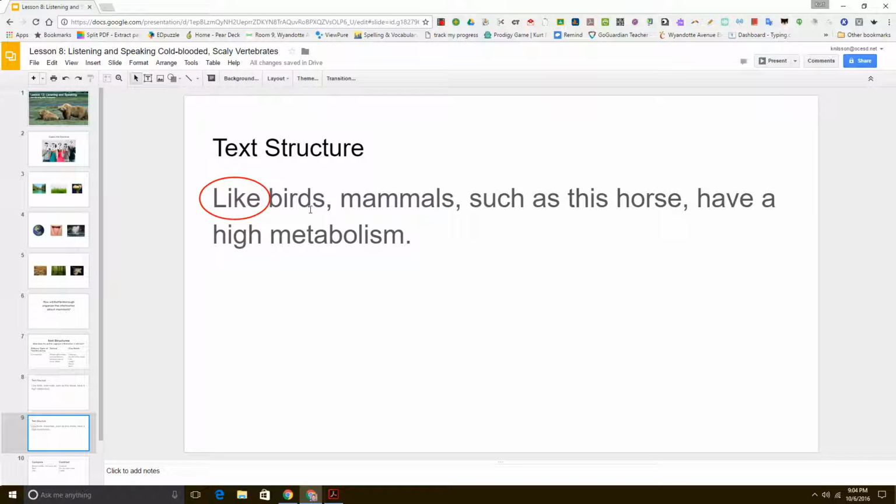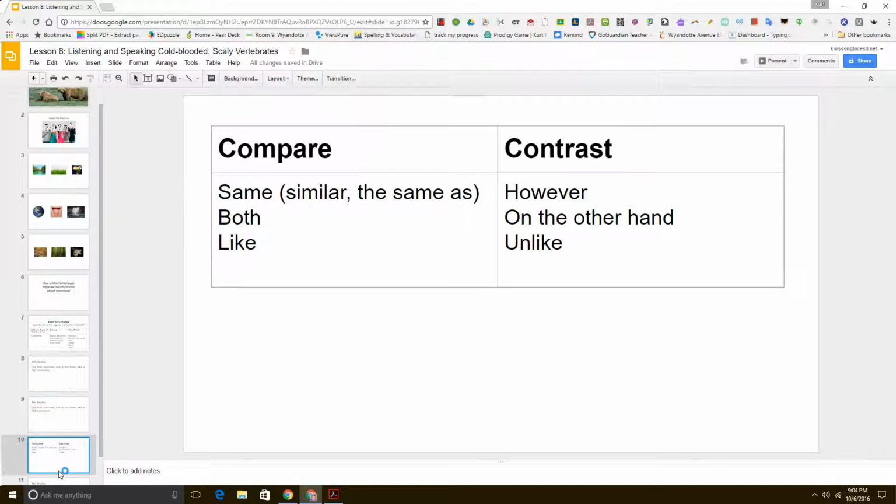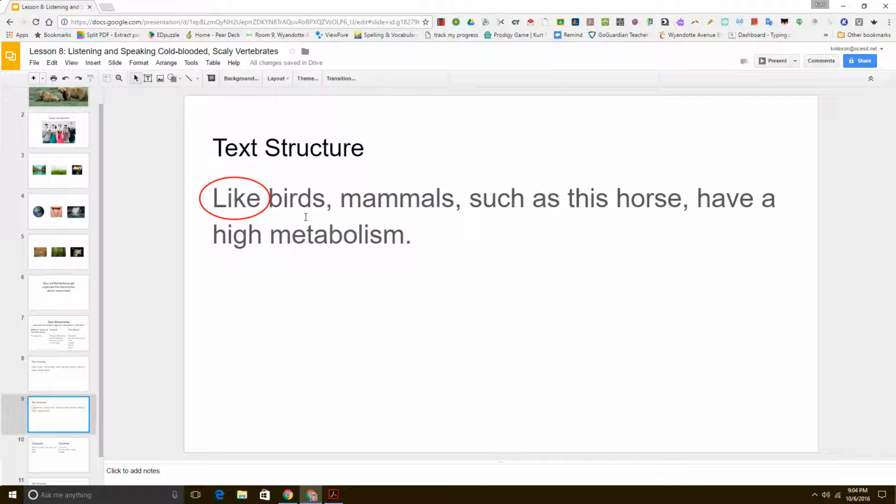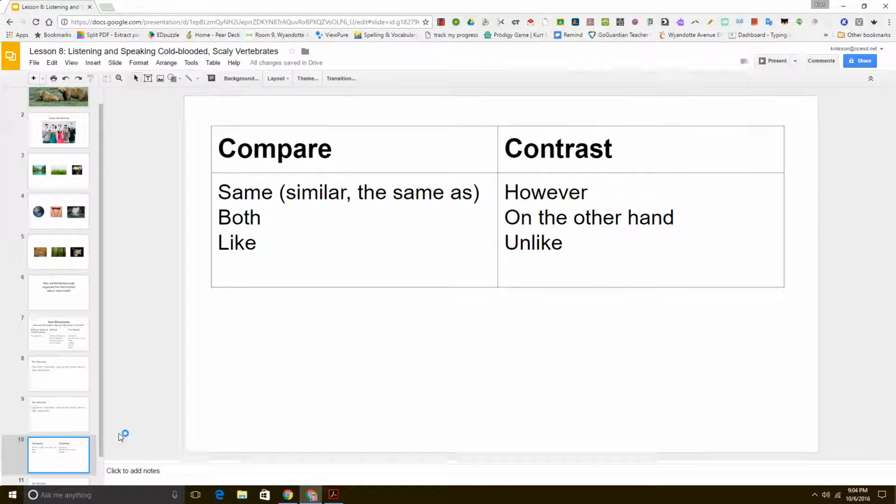Like birds, mammals, such as this horse, have a high metabolism. Well, you heard him say the word like. That means he's comparing. He's saying how birds and mammals are alike. And what's the way they're alike? They have a high metabolism. Okay, let's get back to the show.